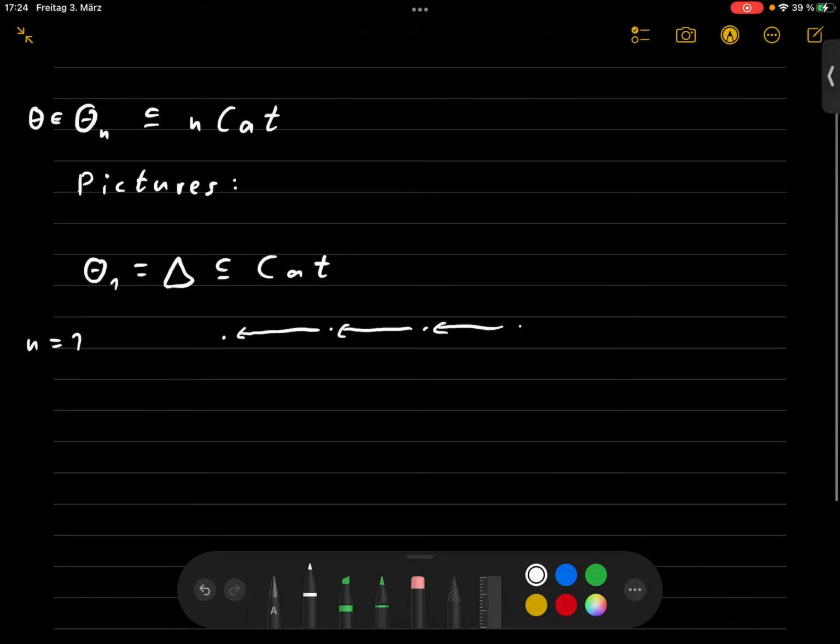And then what we do in the higher cases, for example n equals 2, a generic example would be maybe this.